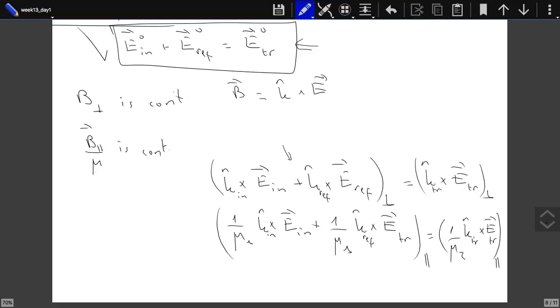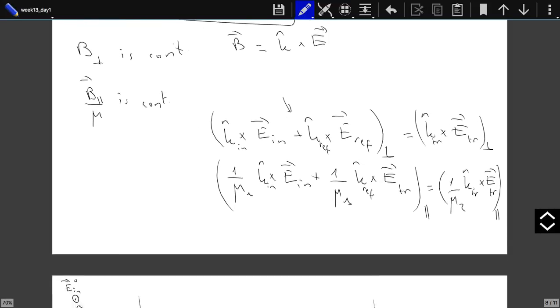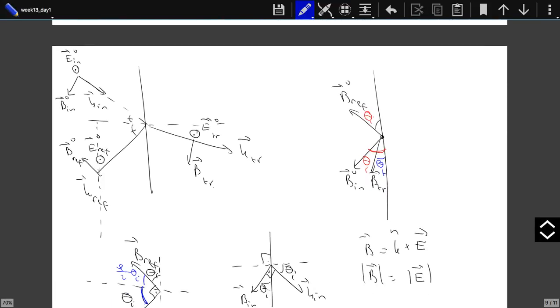Now we know that B perpendicular and B parallel over mu should both be continuous, and B is K cross E all the time. So the directions of B's, if E is always in the same direction, then if K changes sign, B should change direction. So the directions of B's are also fine, correct, here.